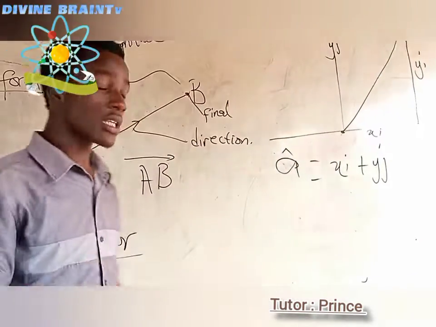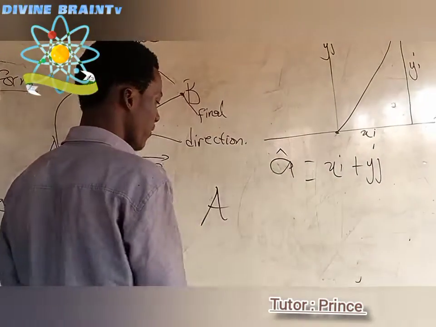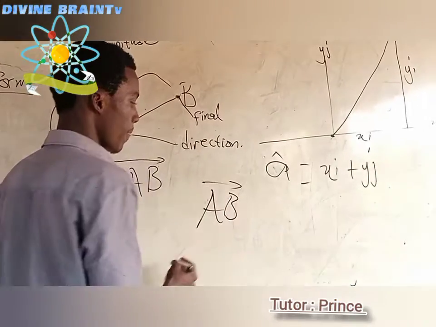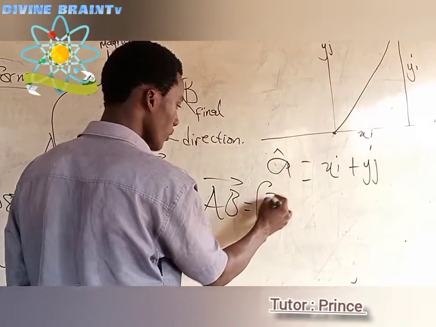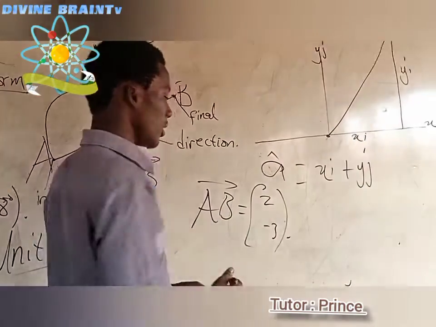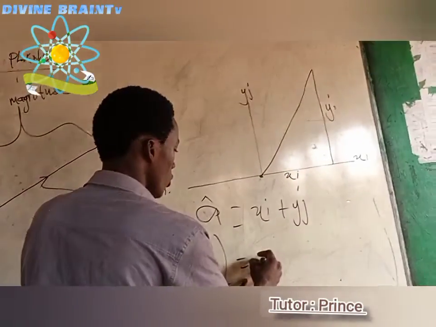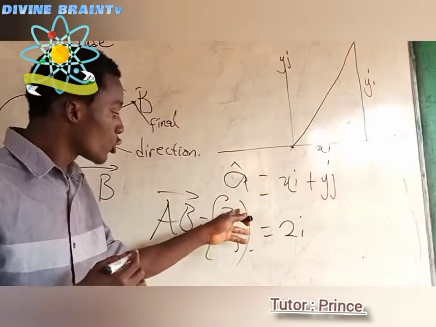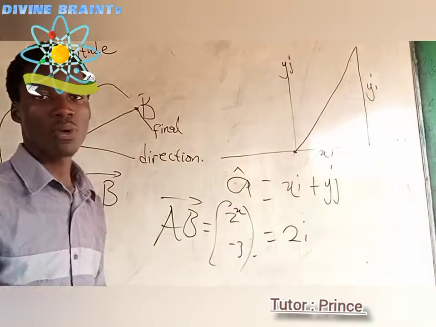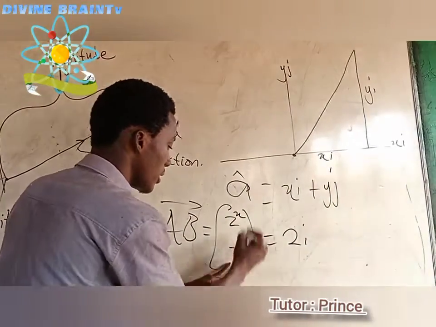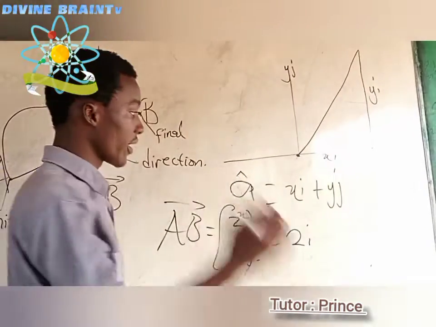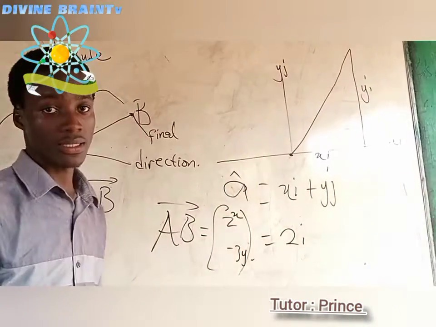We can also have a vector AB of (2, -3). When you want to write this in unit vector form, it becomes 2i, because the 2 is the x component and the minus 3 is the y component. And don't forget, i is always on the x.